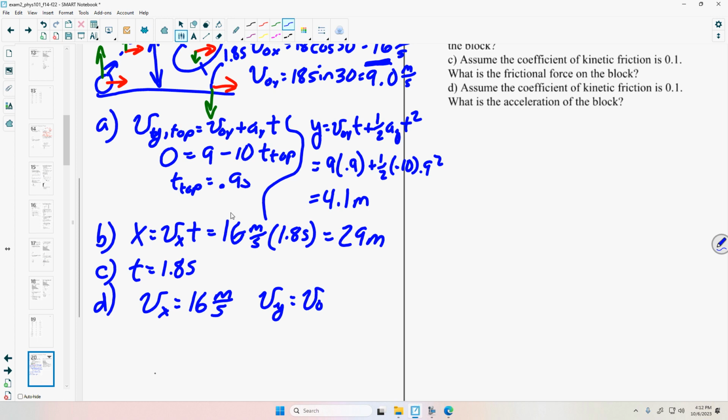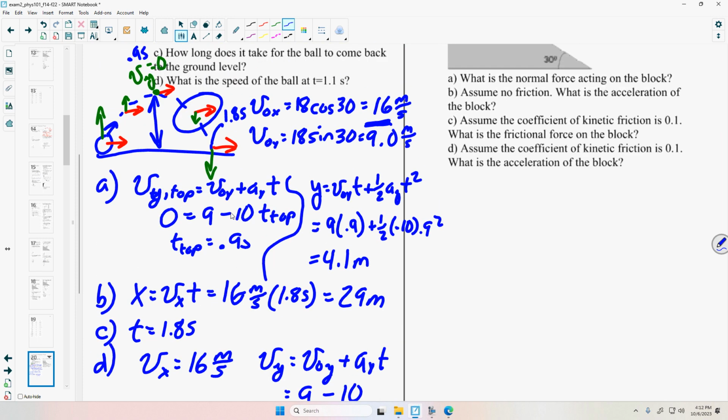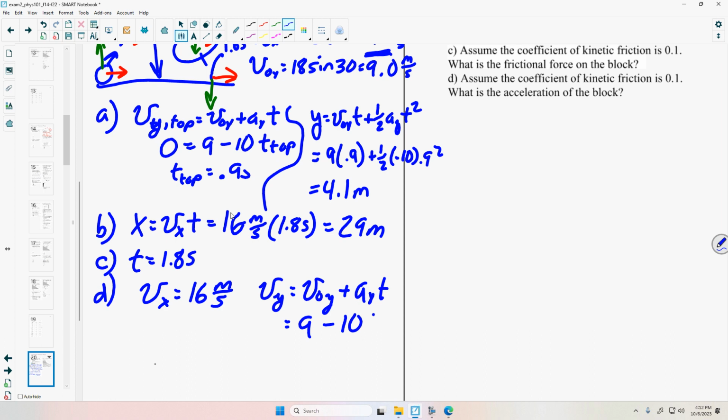V naught y plus AYT is equal to 9 minus 10 times the time, which we said was 1.1 seconds. 9 minus 11 is negative 2 meters per second. So I have one vector that's at 16, another vector that's at minus 2, and so that's going to give me my speed, which is going to be the square root of 16 squared plus 2 squared.